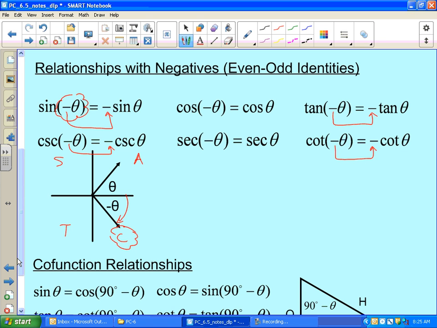But you'll notice for cosine and secant, that negative rotation put me in a place where cosine is positive. So that's why these two functions don't have the negative values in front of cosine theta or secant theta, because a negative angle just puts me in a place where they are already positive. So that's our even-odd relationships.